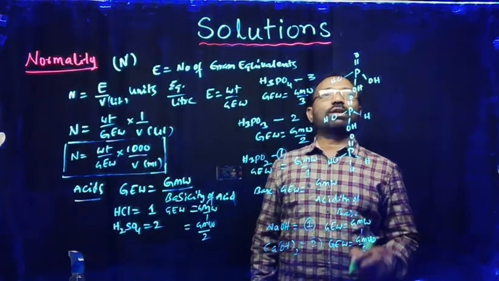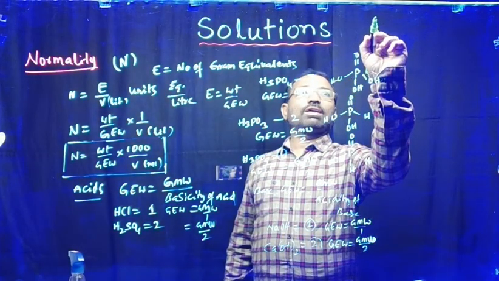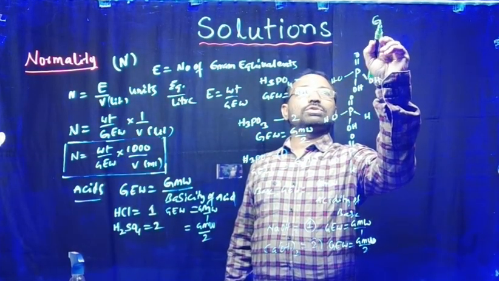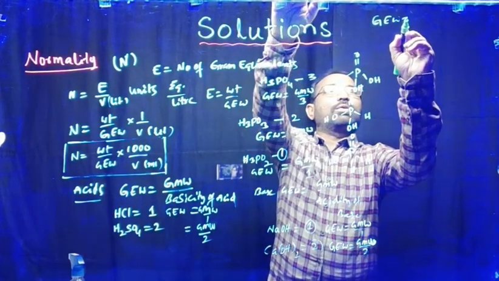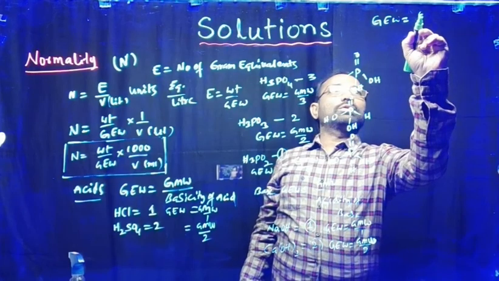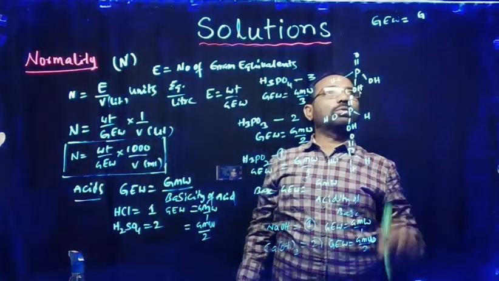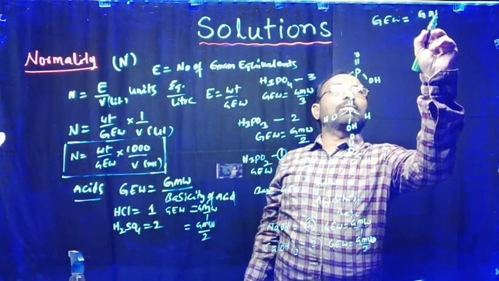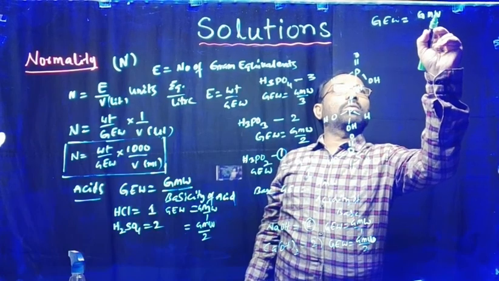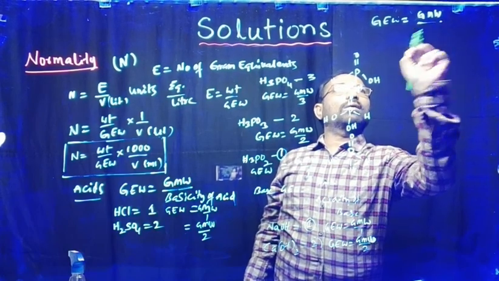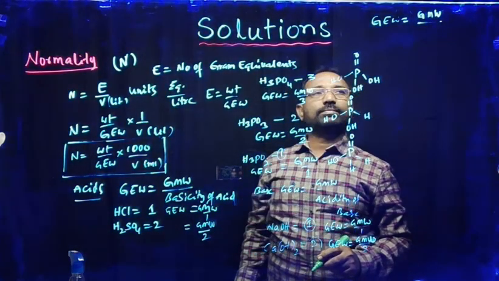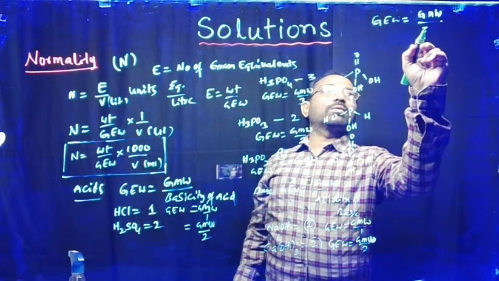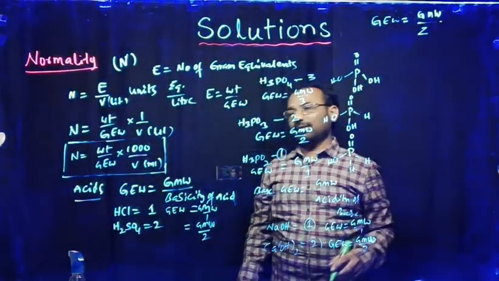So simply, the gram equivalent weight, GEW, equals GMW by Z. Here what is Z?